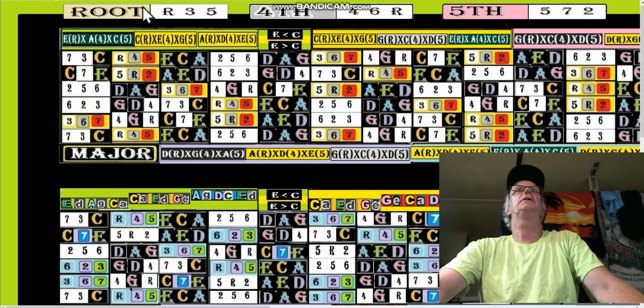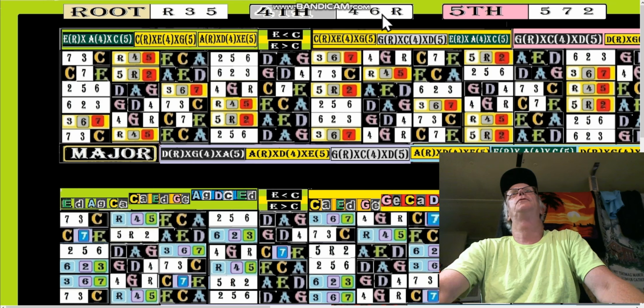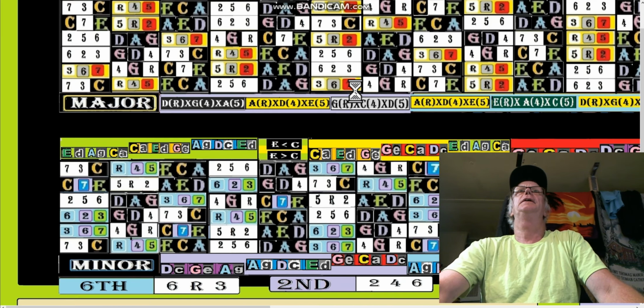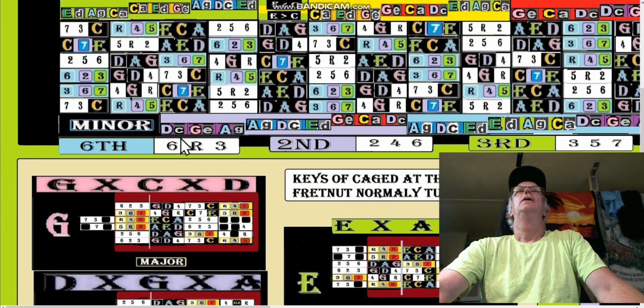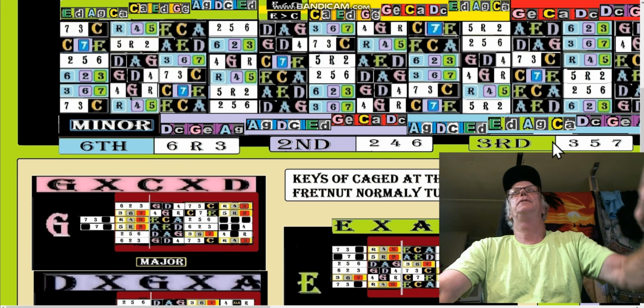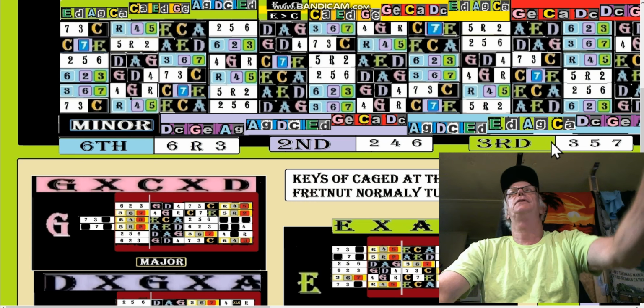But remember, up here I didn't put this one, is root 3 5, 4 is 4 6 root, and 5 is 5 7 2. And in the minors, the 6 Aeolian is 6 root 3, the second Dorian's 2 4 6, and the Phrygian is 3 5 7.